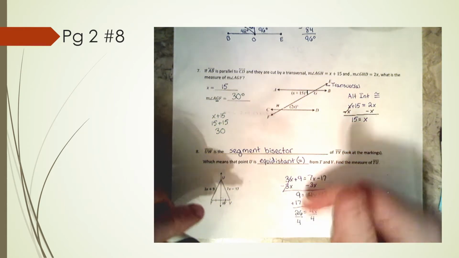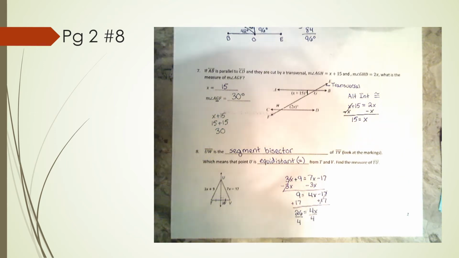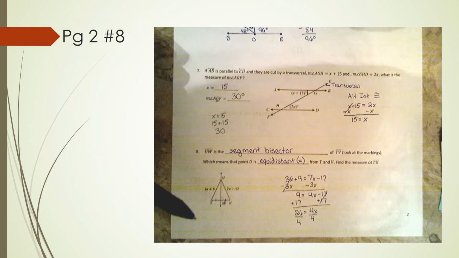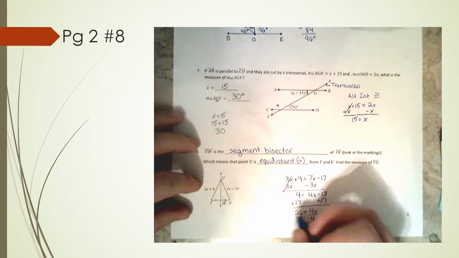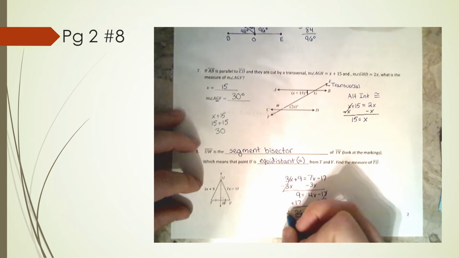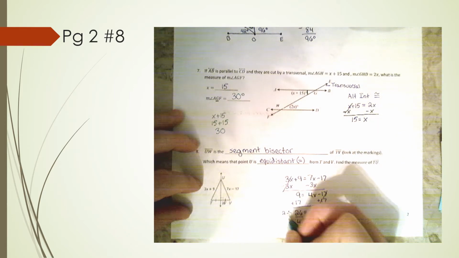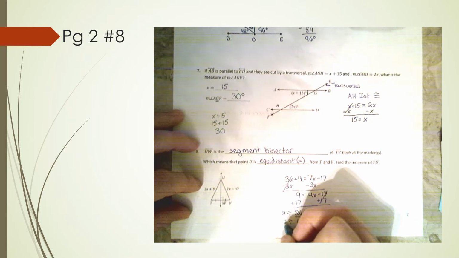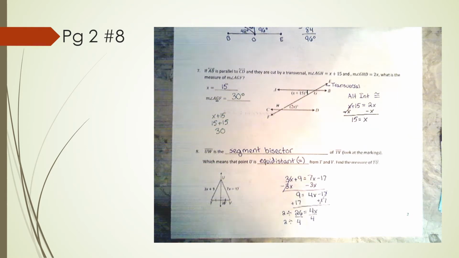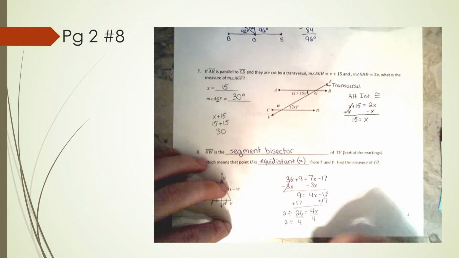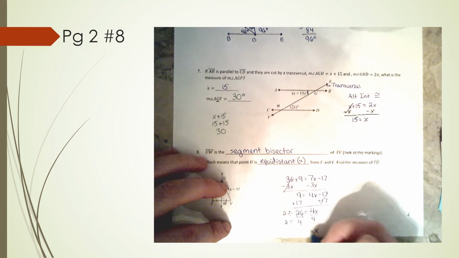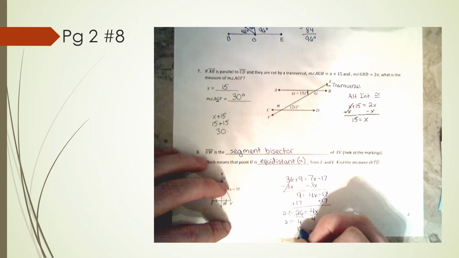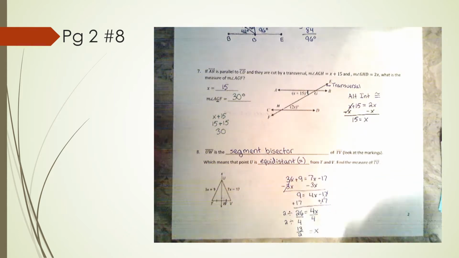And 4 cannot go perfectly into 26, but I could do a greatest common factor, which is 2. Which would make it so this becomes 13. So x equals 13 over 2.